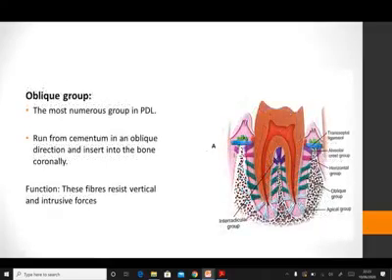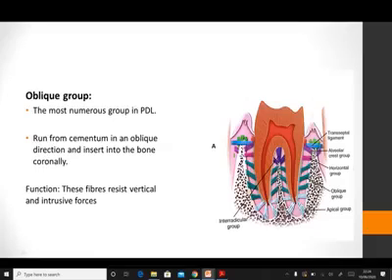The next fiber system is the oblique group. The oblique group basically is the most numerous group present within the periodontal ligament. सबसे ज़्यादा जो fiber system present होता है principal fiber system periodontal ligament में, that is oblique, numerous.